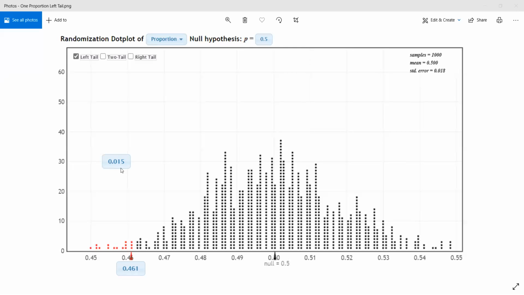But if your p-value ends up being bigger than alpha, well, you said 5% is the biggest type 1 error you would possibly want, okay? And if you got something like 0.25 as your p-value, well, that's too big.